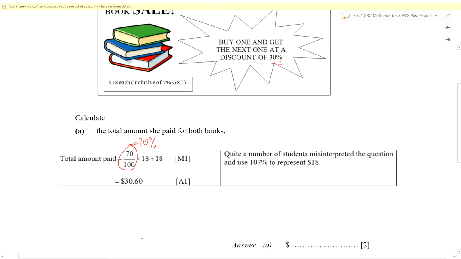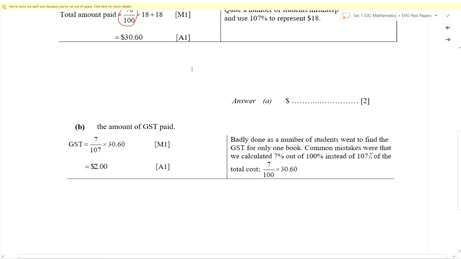Okay, now is GST in here already? Is GST already inside this 30.60? Yes, it is written. It is including 7% GST. So let's move on to the next question. Find the amount of the GST paid. So the GST is 7 units out of 107 units, multiplied by 30.6.